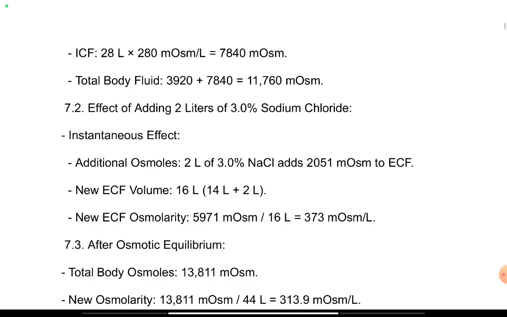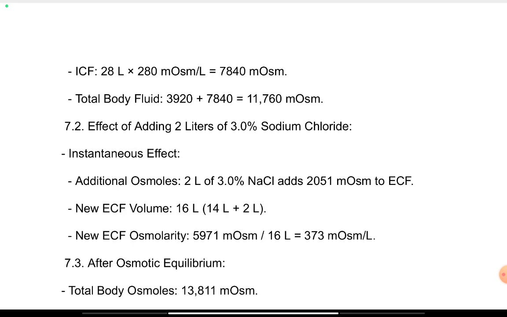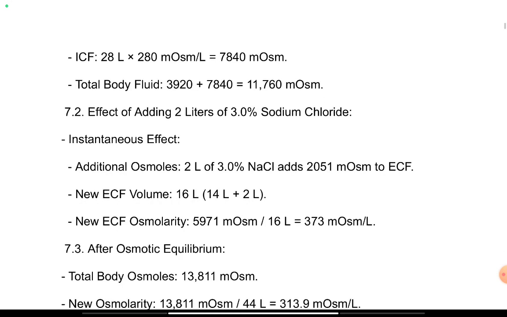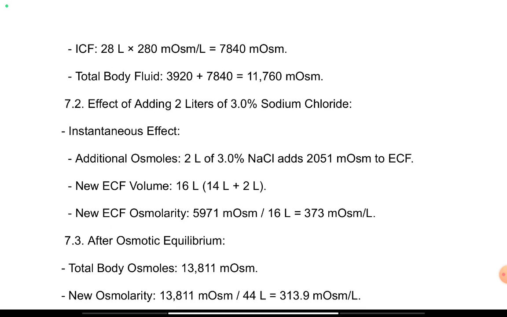So if you want to calculate the osmolarity of 3% sodium chloride, you say that 3% sodium chloride is actually 3 gram in 100 milliliter, or 30 gram in 1 liter.